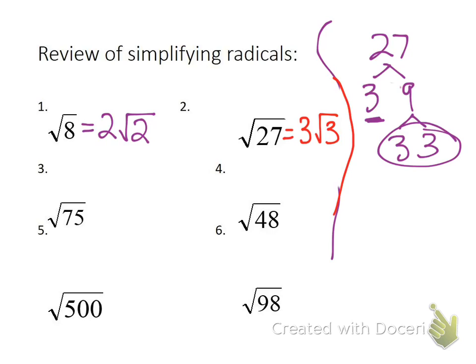All right, on number 3, we have the square root of 75. Sorry, the spacing's a little weird on these. I don't really know why. So we have to break down 75. Can somebody new give me a factor pair? Devin? 25 and 3.